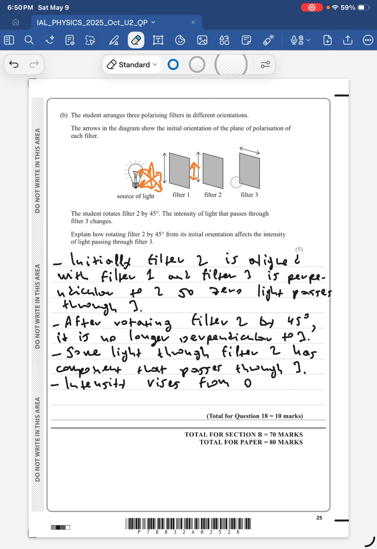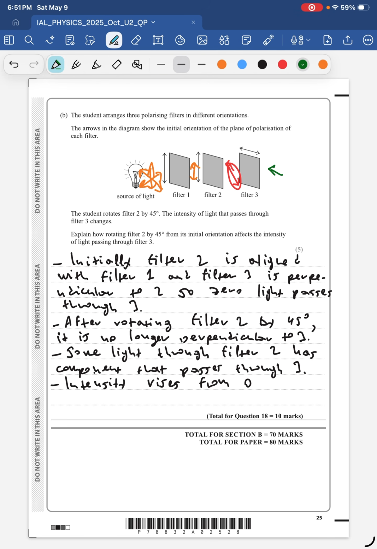And let me try to explain. Okay, so the situation after the first filter is the same, but now after filter 2, we will have light that looks like this, okay? Because that component of the light will pass through filter 2, and then through filter 3, part of this is going to pass through, and we will have light that oscillates in this direction.